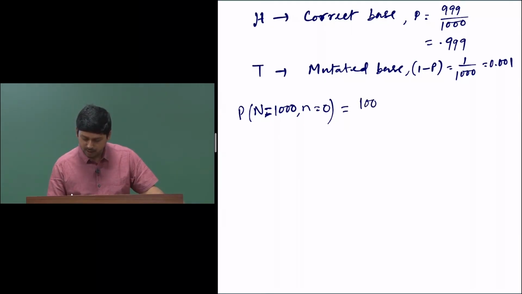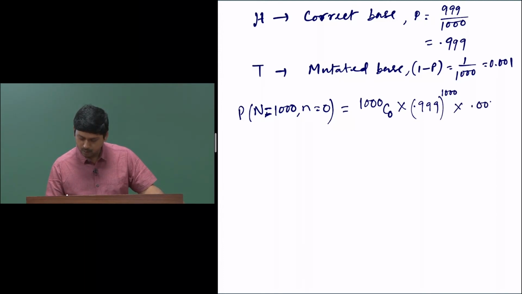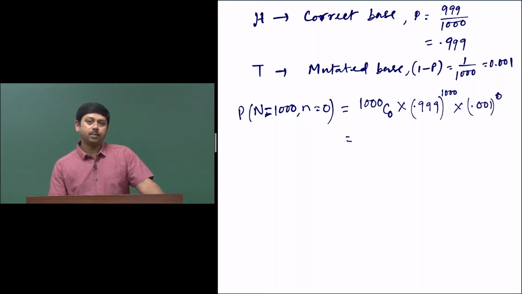Of course, it is 1000 C 0, p to the power n, which is 0.999 to the power 1000, of course, and 0.001 to the power 0. So, 1000 C 0 is 1000 factorial by 1000 factorial and 0 factorial, which is just 1.